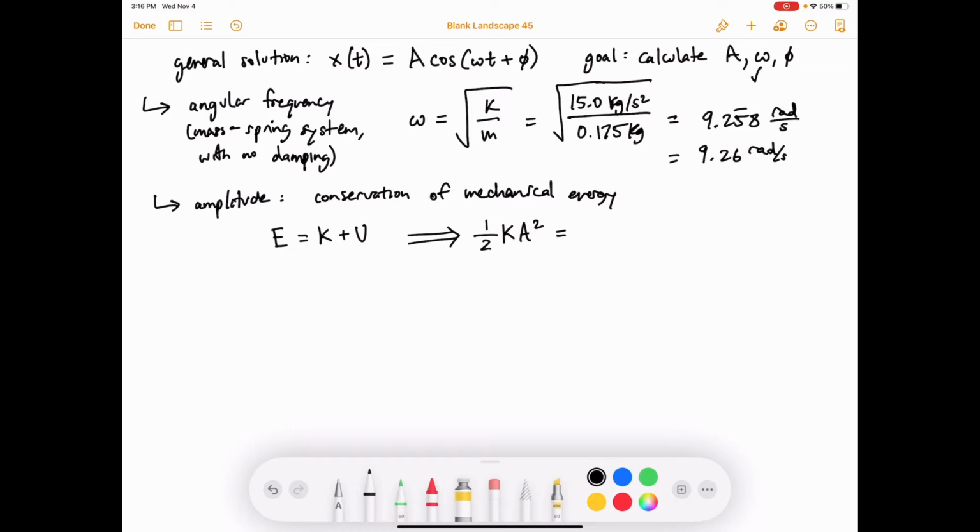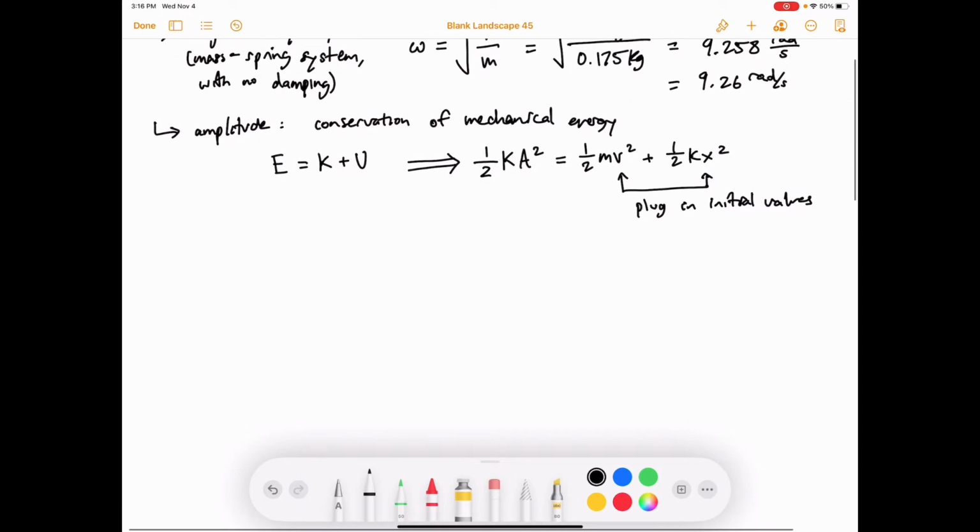Kinetic energy is 1/2 m v squared, and potential energy is 1/2 k x squared. For v and for x, we're going to plug in those initial values we were given, and that way we can solve for A.